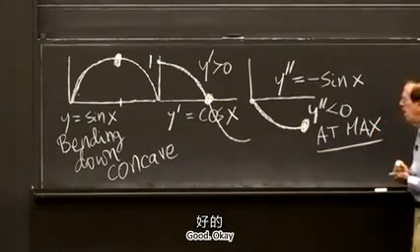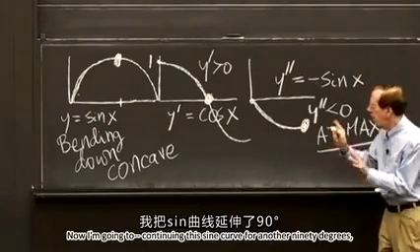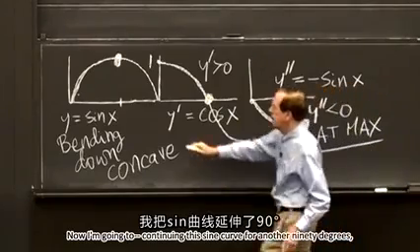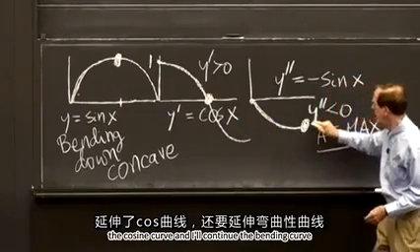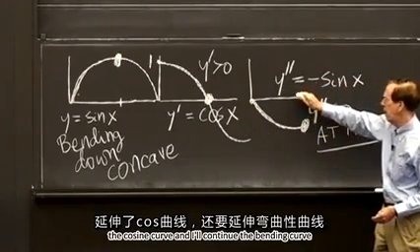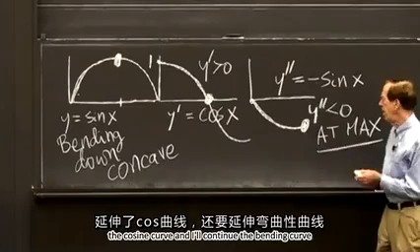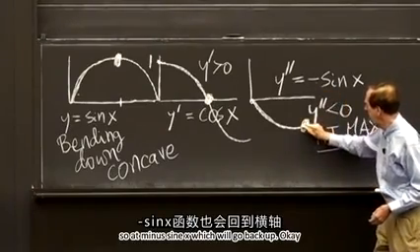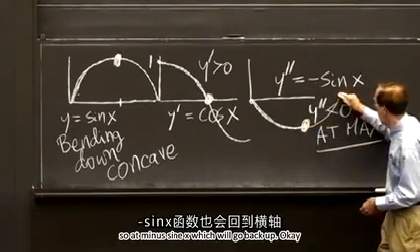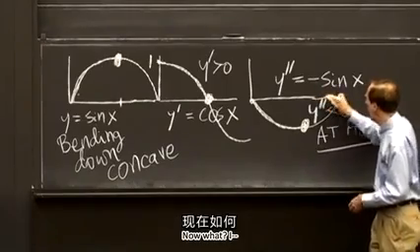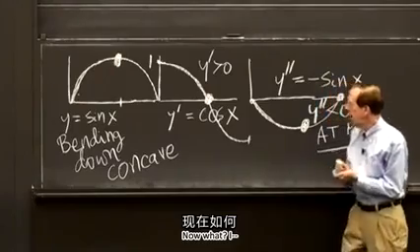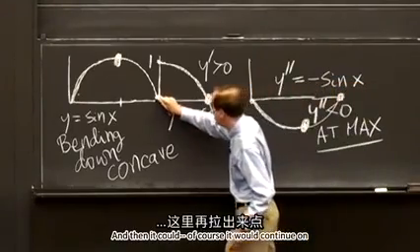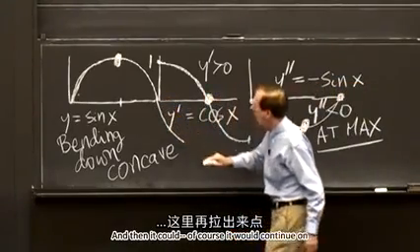Good. Okay. Now I'm going to continue this sine curve for another 90 degrees, the cosine curve, and I'll continue the bending curve. So I have minus sine x, which will go back up. Okay. Now what? And then, of course, it would continue along. Okay.